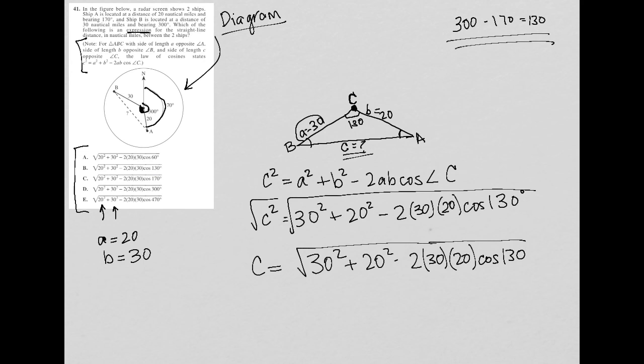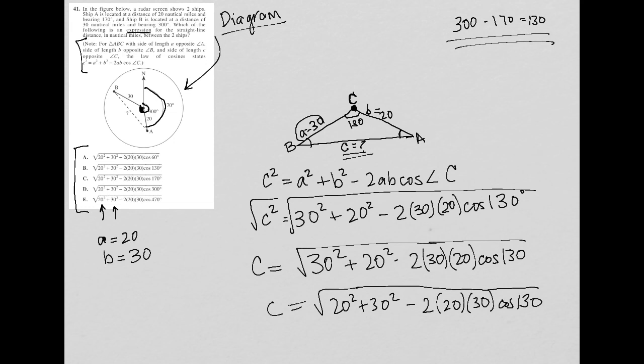So the answer choice that looks similar to what I have, if I were to rearrange this, would be the square root of 20 squared plus 30 squared minus 2 times 20 times 30, but still the cosine of 130, because that's definitely our degree measurement at the top. And it looks like that is answer choice B.